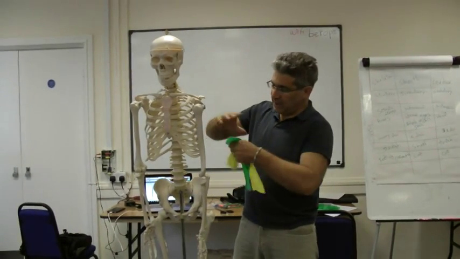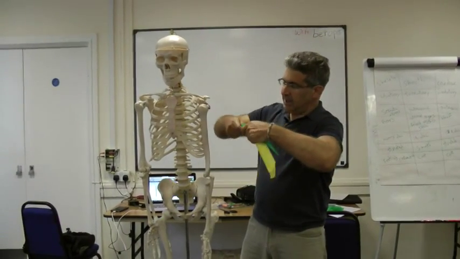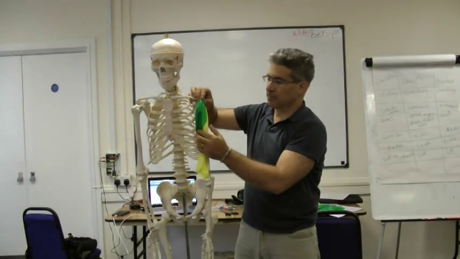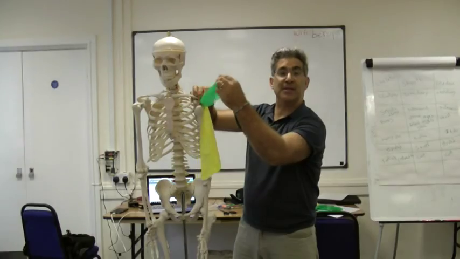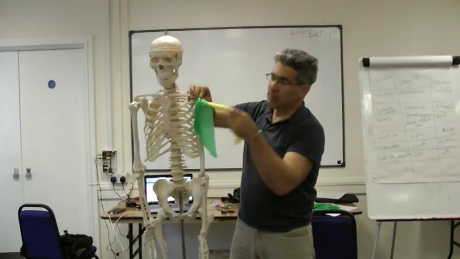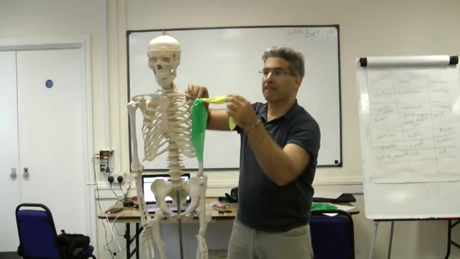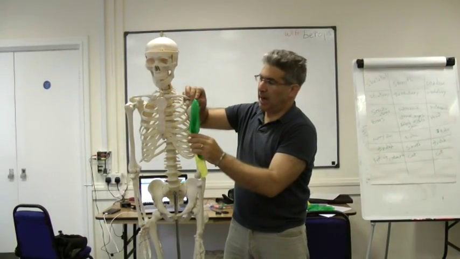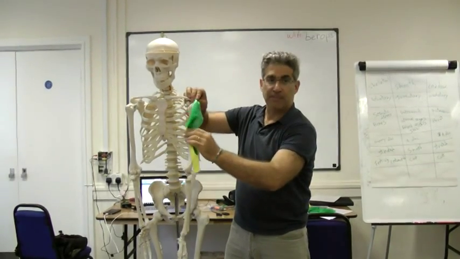Okay? So let's say that in front of the shoulder you have two muscles. One is relatively stronger and the other one is a bit weaker, and both of them are doing the same movement.